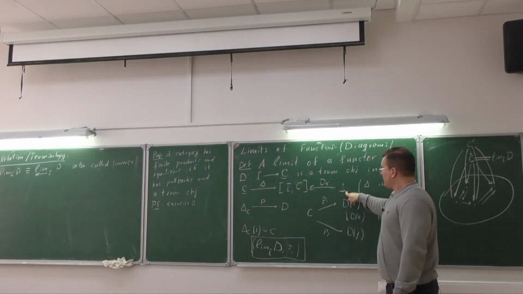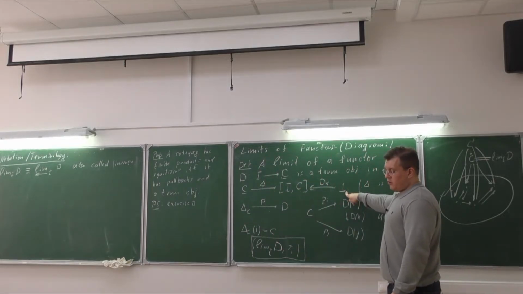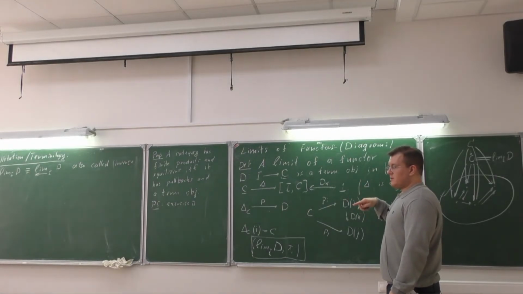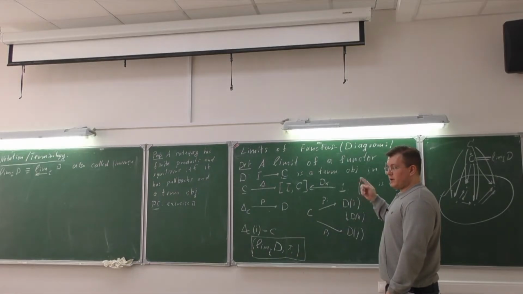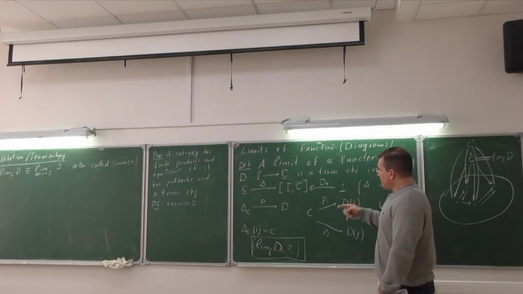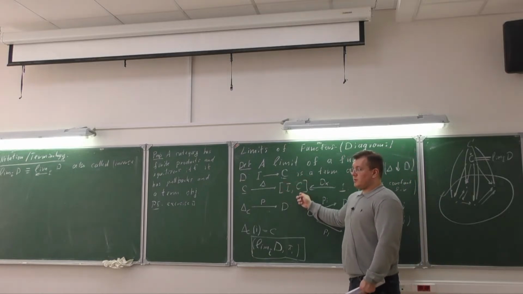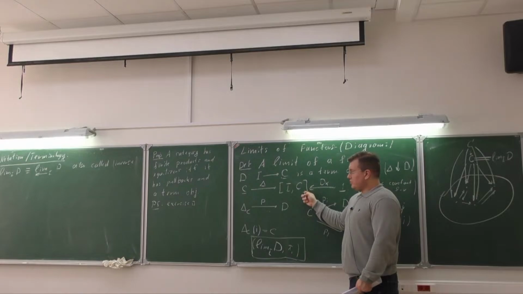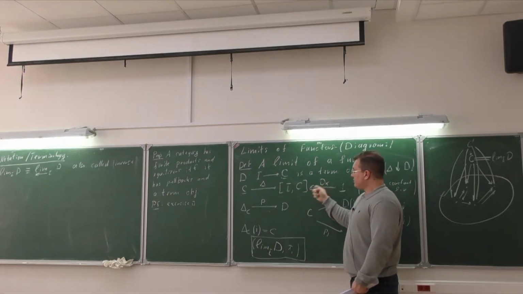Okay, and we discussed this earlier. When we take a category and take an object in this category, we can think about this object as a functor from a category with one object to this category. This is the same thing here, except this category in the center is a little bit more complicated. It is a category of functors. So to fix an object here, I need to fix a functor, which is precisely what I have.